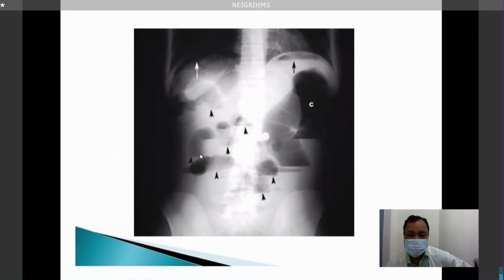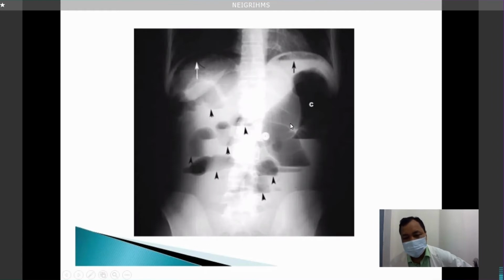So as you can see, this is the X-ray which was taken in the supine position. We call it valvulae conniventes, this jejunum, which is grossly dilated.